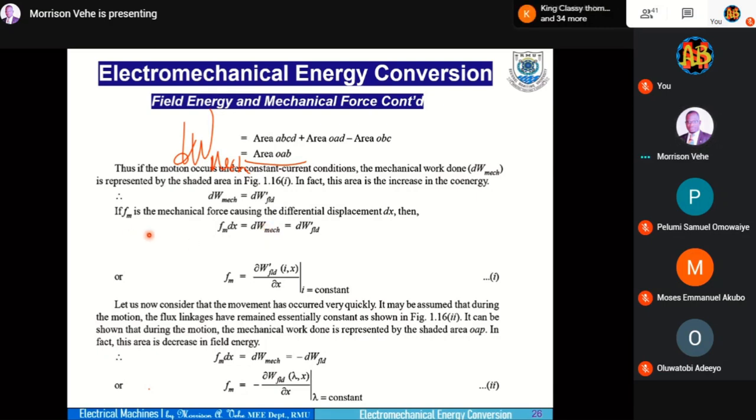So if Fm is the mechanical force, remember what we are looking at is the field energy and then the mechanical force.